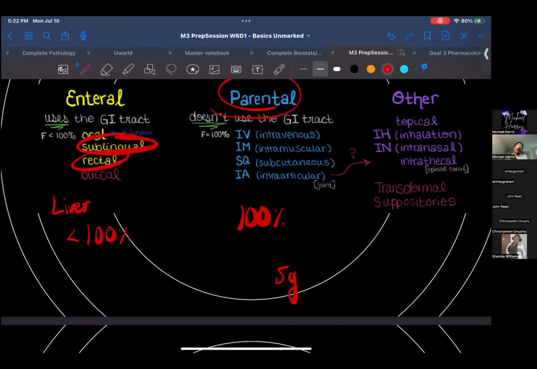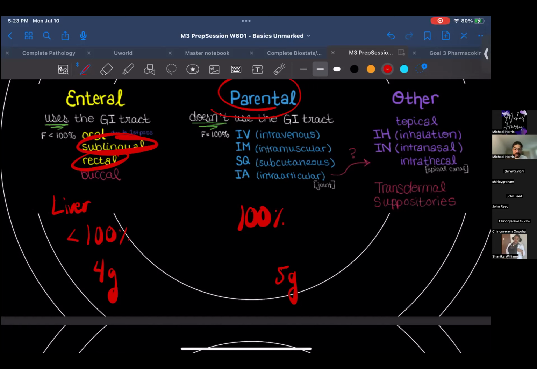That means there's going to be 5 grams of the drug in his blood. Understand? Now, if I take it orally and then I find out it's 4 grams, then the question is, what's the bioavailability of taking it orally?